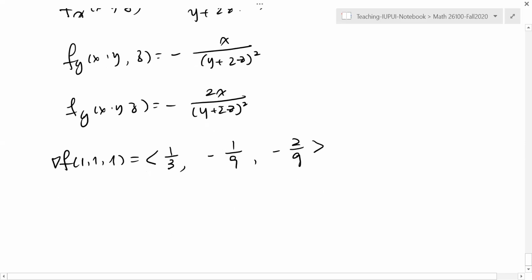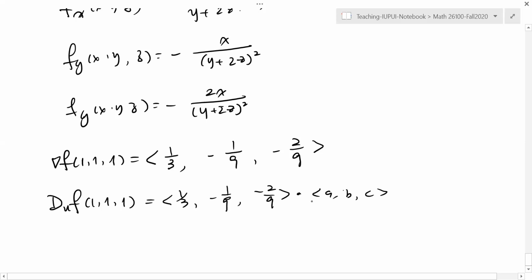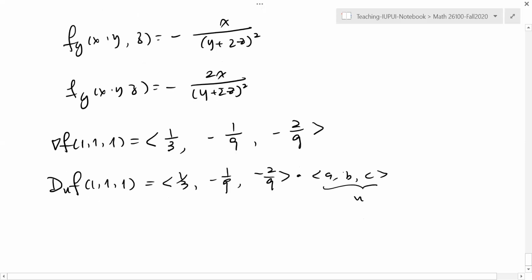So for an arbitrary direction, the directional derivative is going to be the dot product of the gradient with u, which is (a, b, c), from linear algebra. Here we assume the length of u is 1, otherwise this can be an arbitrarily large number.